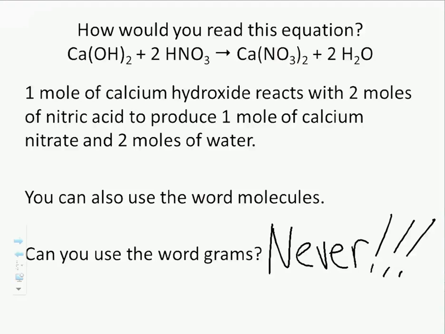Whenever you're reading this equation, make sure you know that those ratios, this 1, this 2, this 1, this 2, are all referring to either moles or molecules. You cannot ever say 1 gram of calcium hydroxide always produces 2 grams of water based on this equation. It is never right.